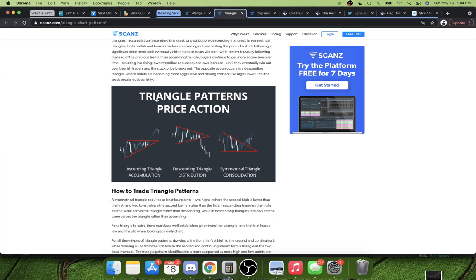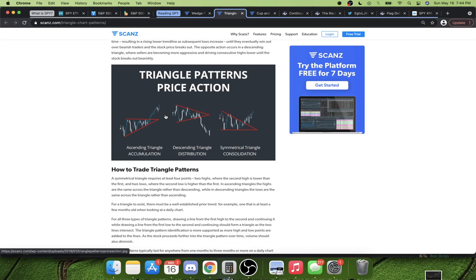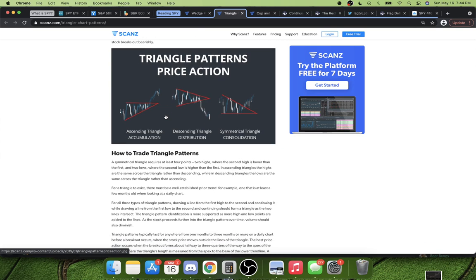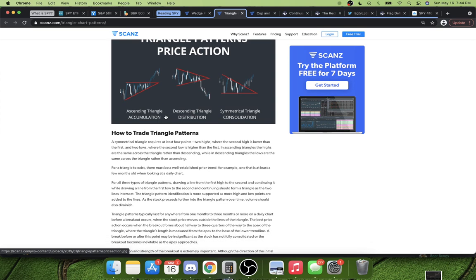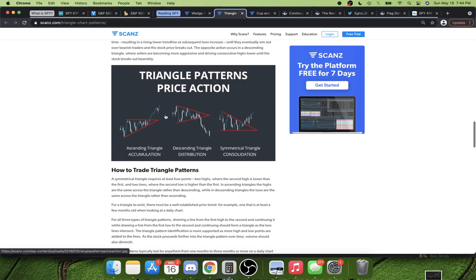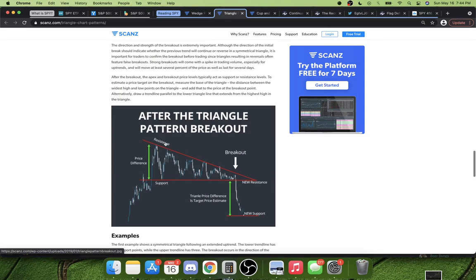Okay, so then we have the triangle patterns, and you have ascending, descending, symmetrical. These are both continuation patterns and reversal patterns. Usually they are continuation patterns.